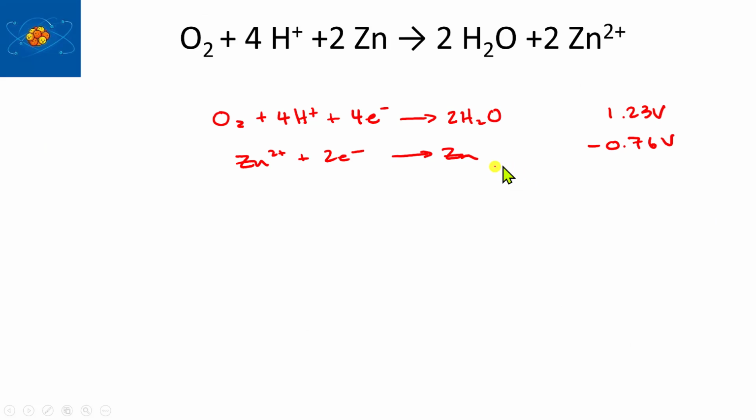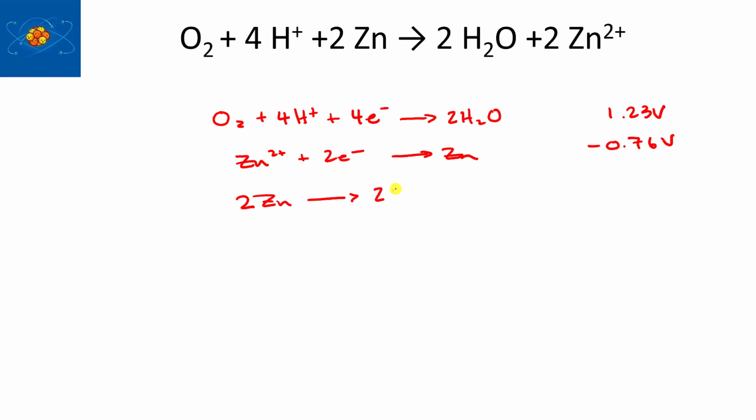Okay, so let's take a look and see what we need to do to get this to work out. I have O2 and 4H plus 4 electrons, two H2Os. You'll notice that I have to flip this reaction, and then I also have to double it because I have 4 electrons here. So when I write it in reverse, I need to match the number of electrons.